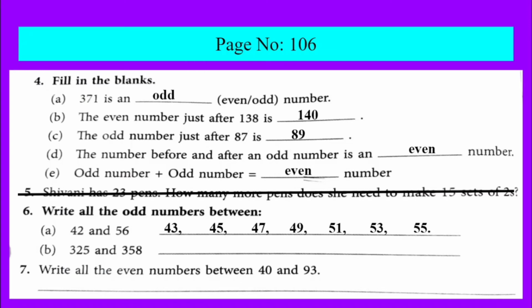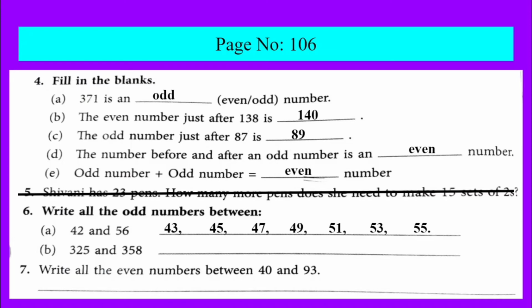Okay, now let's do the B part also. 325 and 358. So children, here we have to write all the odd numbers between 325 and 358. So let's start. So which number comes after 325?